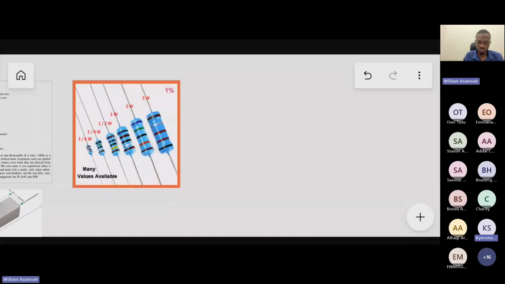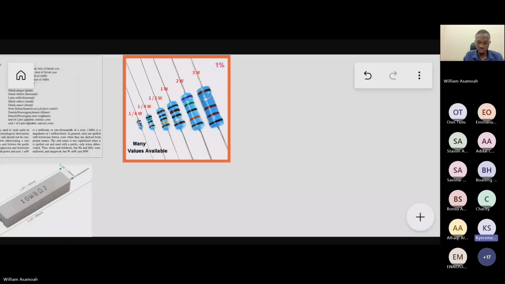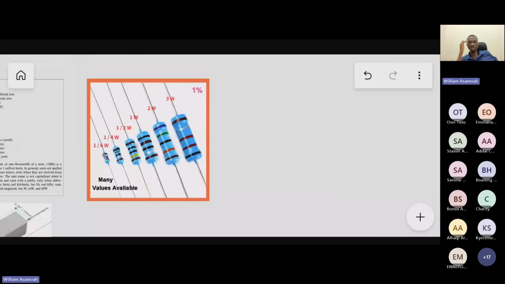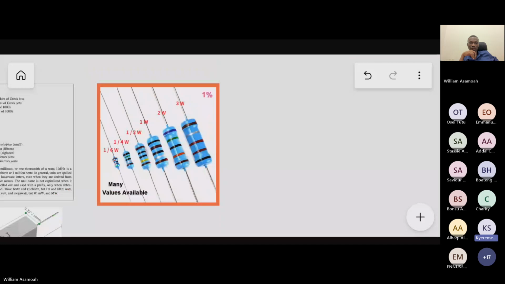Yes. So when you look at it, you can see that this resistor here, we have a 3-watt resistor right here, and you can see that it is the biggest. Then we have 2 watts, 1 watt, half watt, quarter watt, and we even have 1/8 watt around.